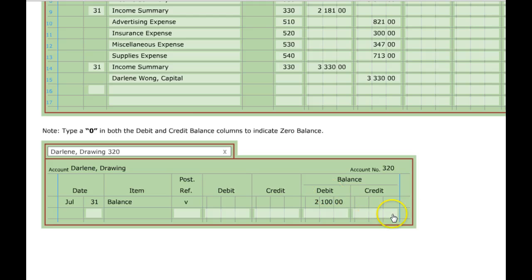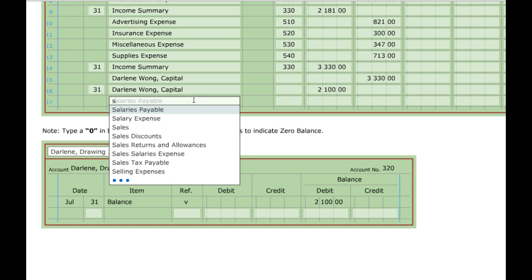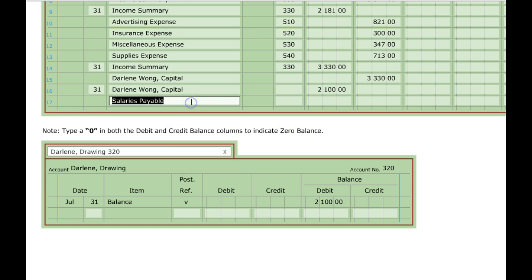To make it 0, we got to credit it. Okay, so drawing means you're taking stuff out of the business. Therefore, that means the owner has less capital. So we're going to debit capital for 2,100, and we're going to credit drawing, okay, to make it 0 for 2,100.